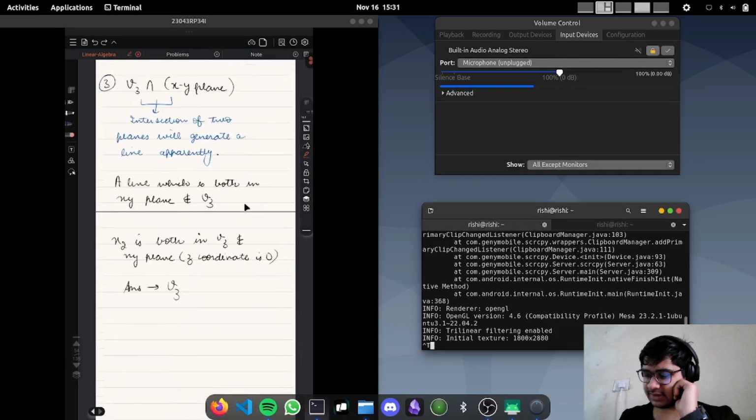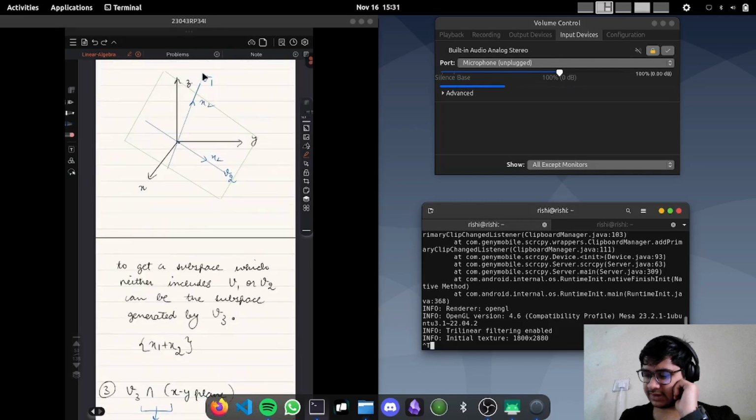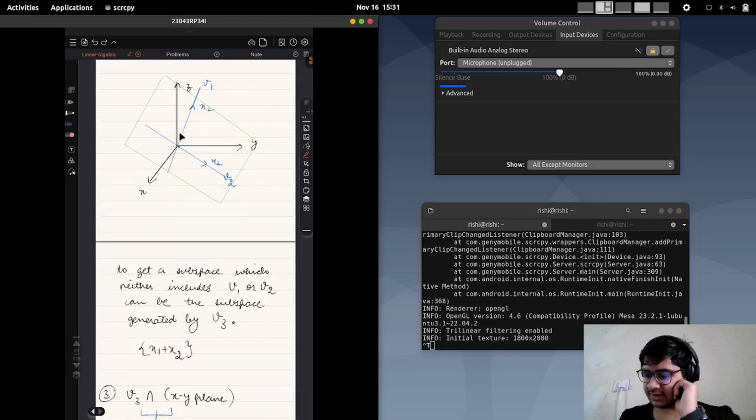We saw that example here: this is a subspace in itself, and this is a subspace in itself, but the union of these two subspaces will not form a subspace, because the intersection is just the zero point, and the union will never form a subspace.